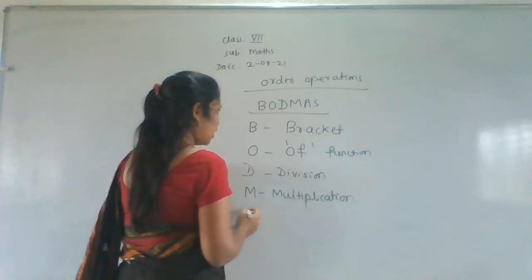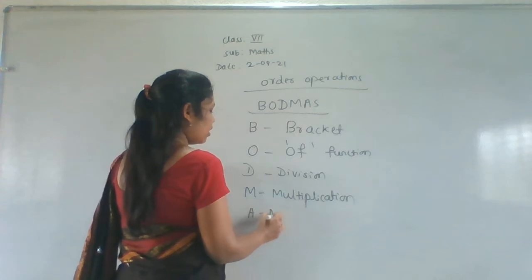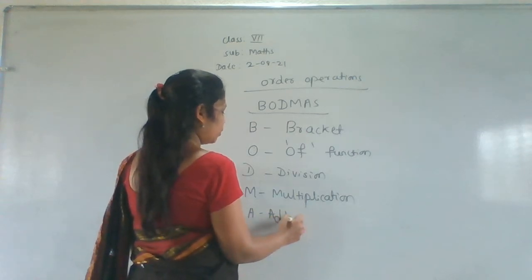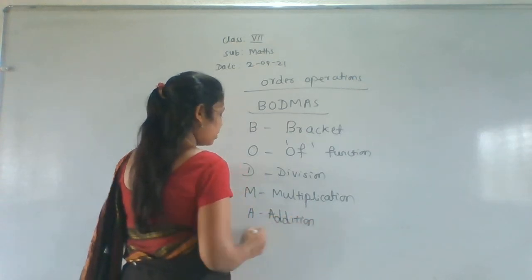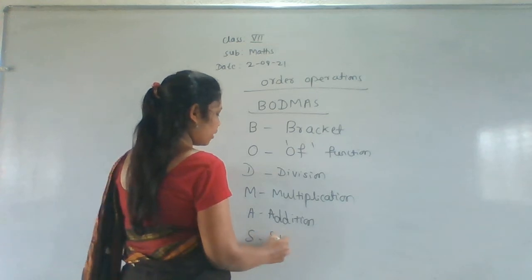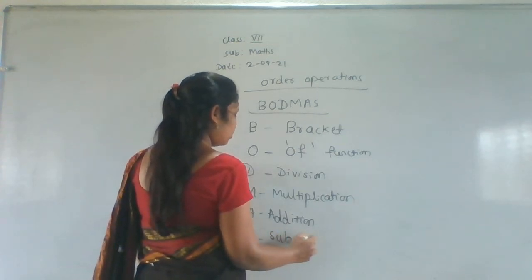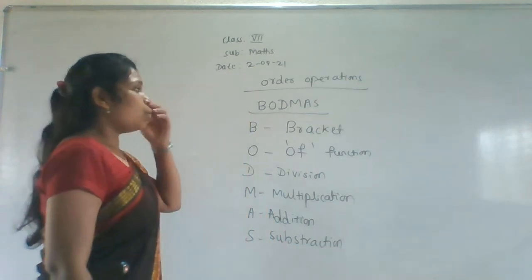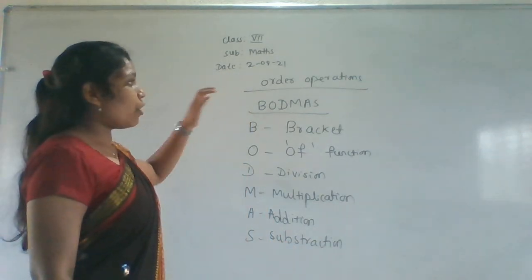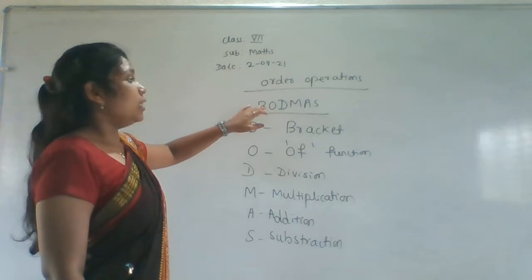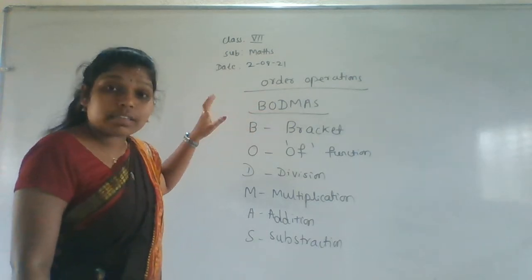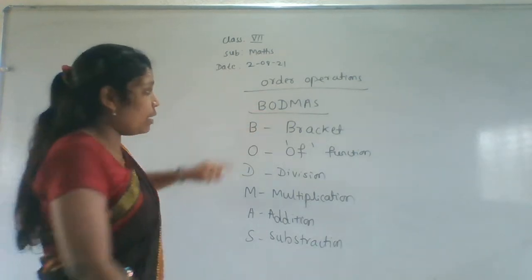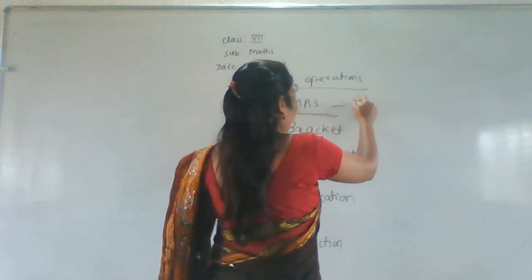A means addition. S means subtraction. Getting everyone here? So the rule name here is the BODMAS rule.